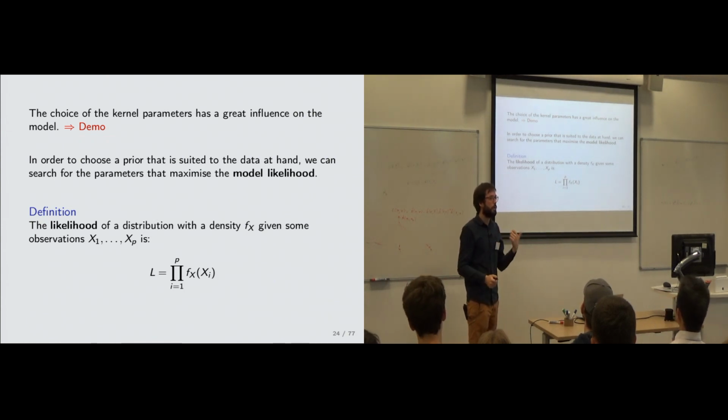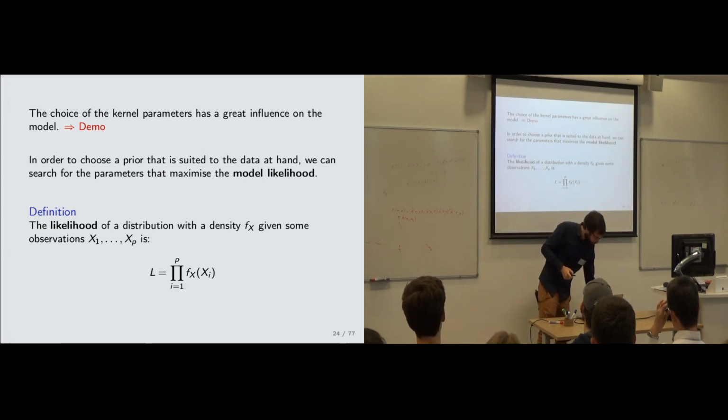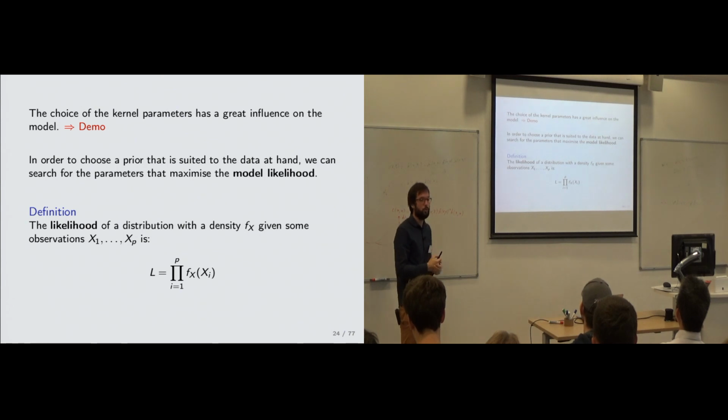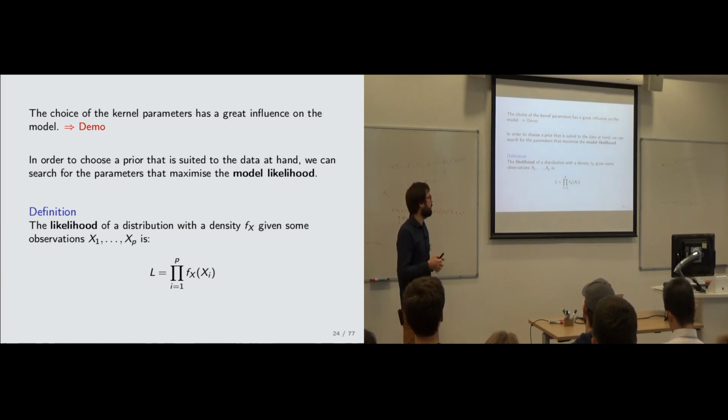But even once we have a covariance, we need to choose the parameter values. One very common tool is to use maximum likelihood estimation to find the sets of parameters, what should be the variance and what should be the length scale, such that the likelihood of our model is as high as possible given the data.